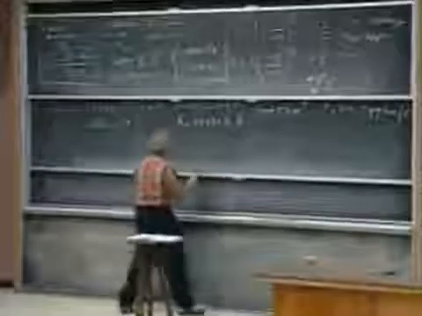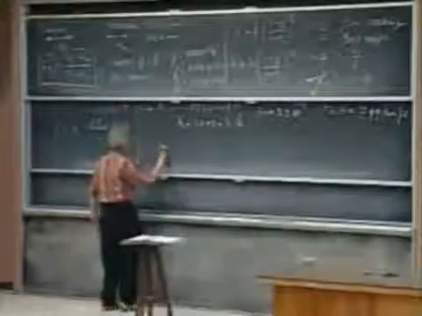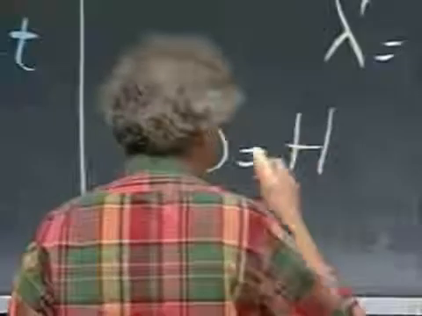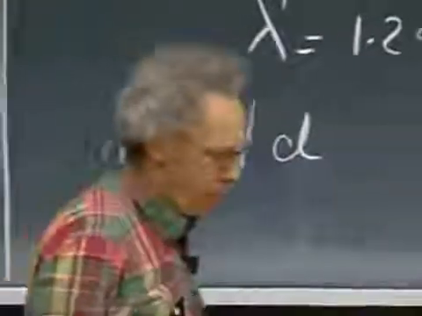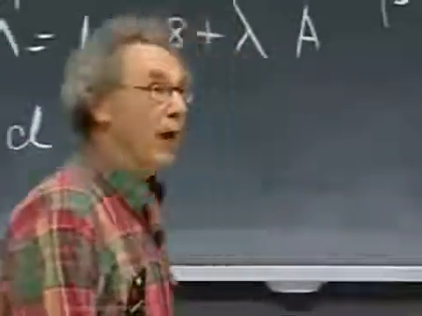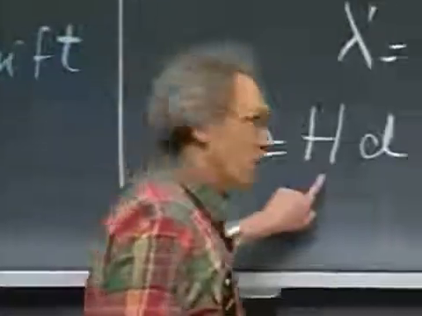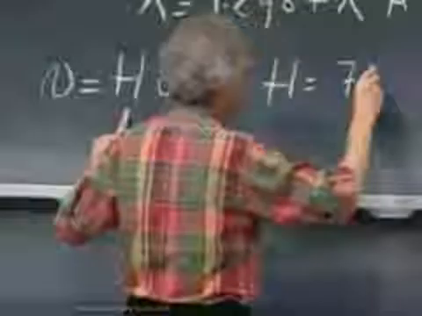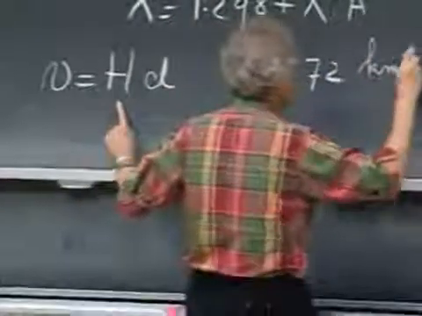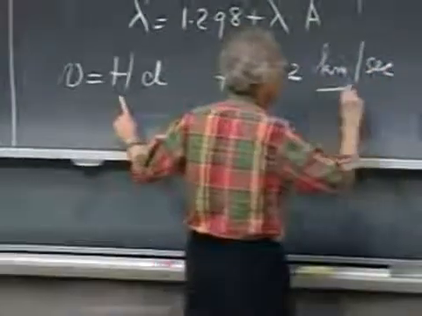Hubble's law is that the velocity is a constant which is now named after Hubble, capital H, times d. And the modern value for H is 72 kilometers per second per megaparsec.